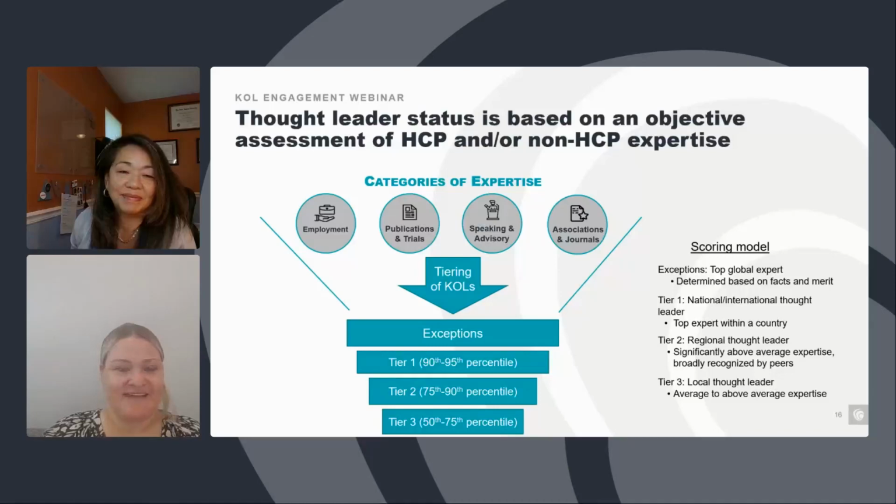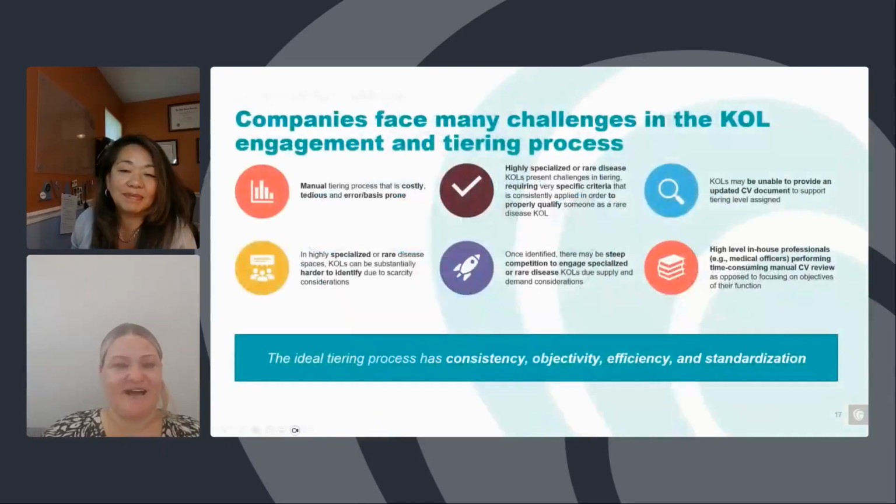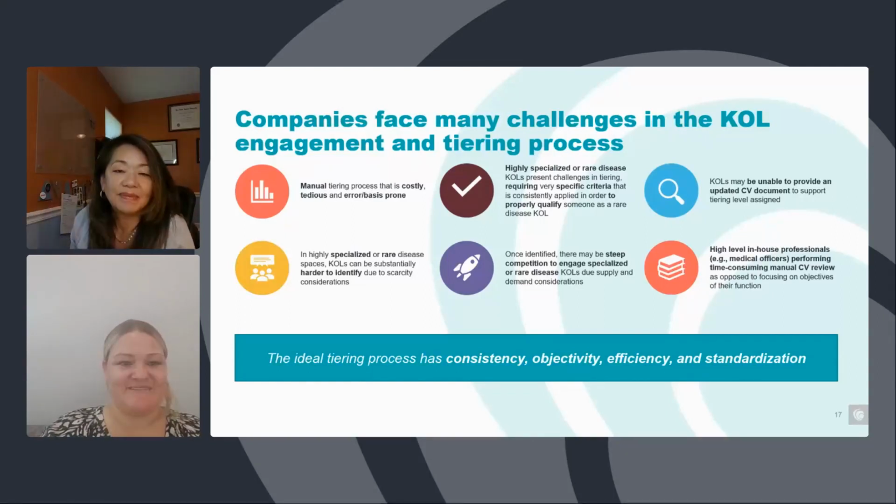So going to the next slide, just to round us out here. The tiering process, if those on the phone here have not been involved, has many challenges. It actually is much more nuanced and tedious than I think people appreciate before they get involved with it.